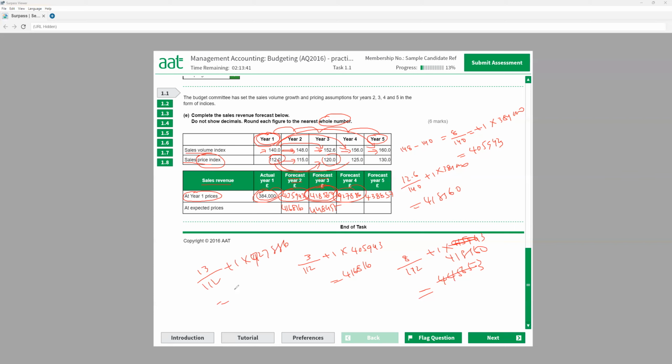That gives me 477,551. The last one, year 5, is done the same way.